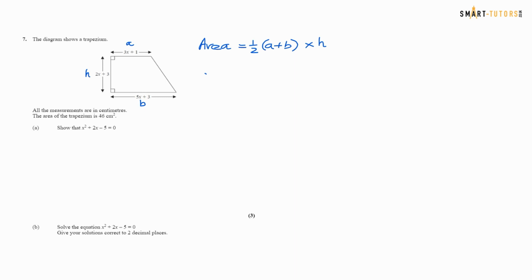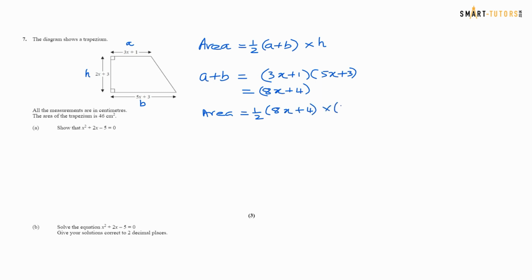So if I add a plus b, a plus b is going to be 3x plus 1 and 5x plus 3. If I add them together, 8x plus 4. So half of that, area equals half of 8x plus 4 times the height, which is 2x plus 3.